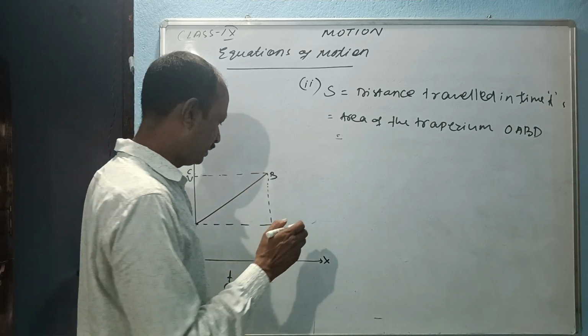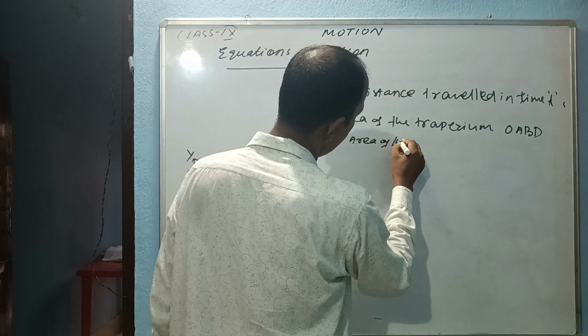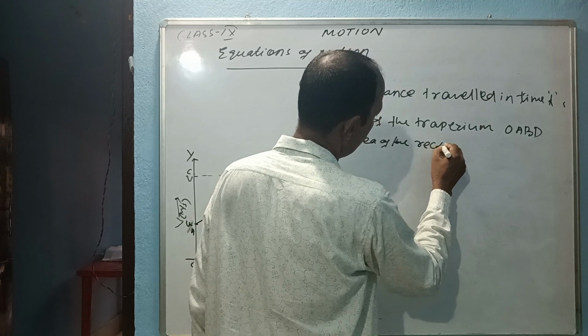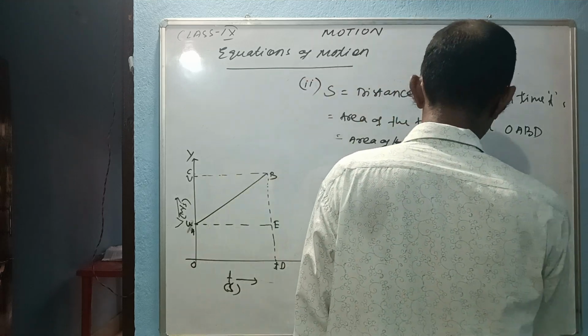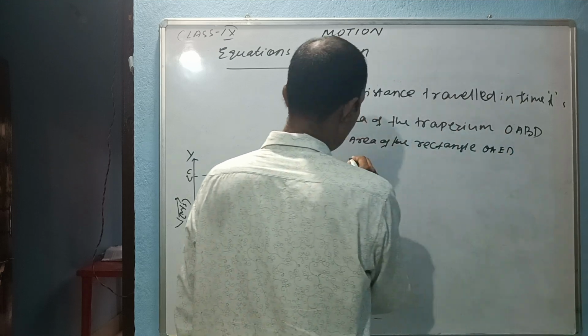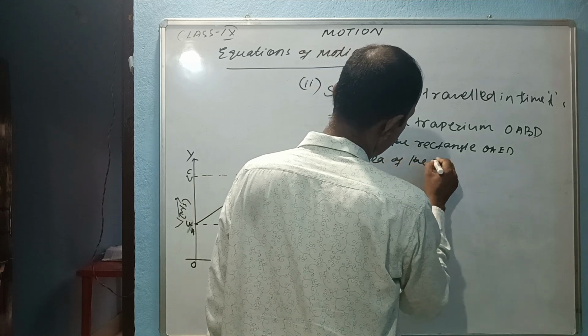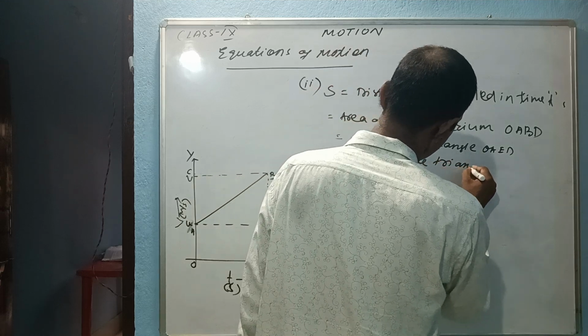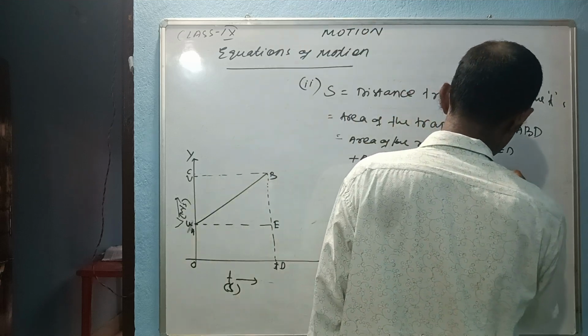So I can say that area of the rectangle OAED plus area of the triangle ABE.